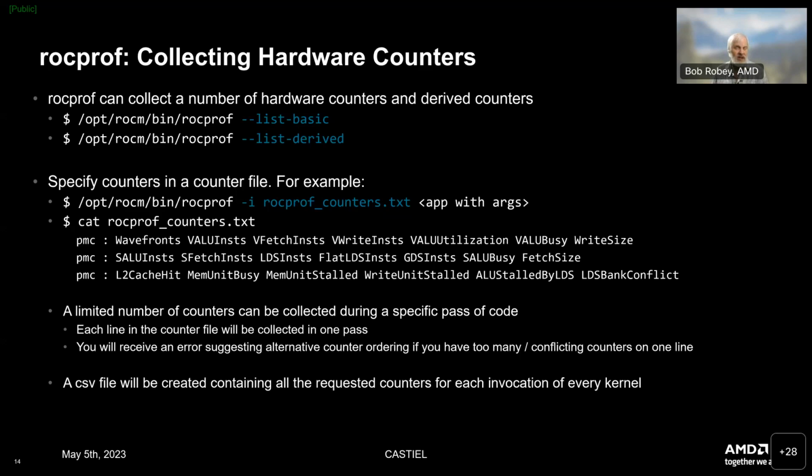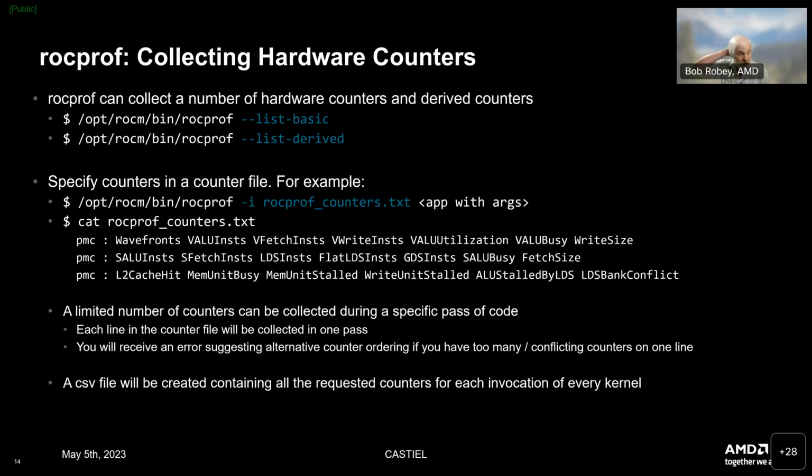But it's generally good to start with a small set first. Also use a smaller problem first because you're going to be running it multiple times. People tend to just take their standard benchmark and try to profile it, and it takes way too long to get the information back. So start small and then add to it.